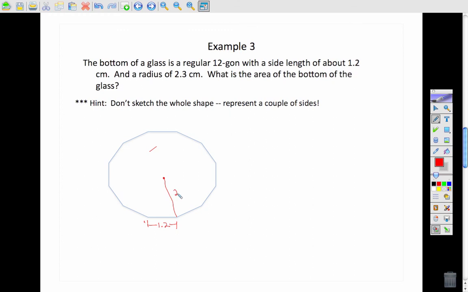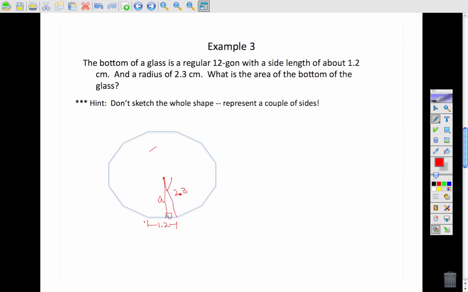Let's see if we can find the center. Yikes, sorry about that. So there's our 2.3. Okay, so what we'll need to find is the apothem. We'll just blame the pen for why that's not straight. All right, so in order to find the apothem, it actually kind of is the pen.